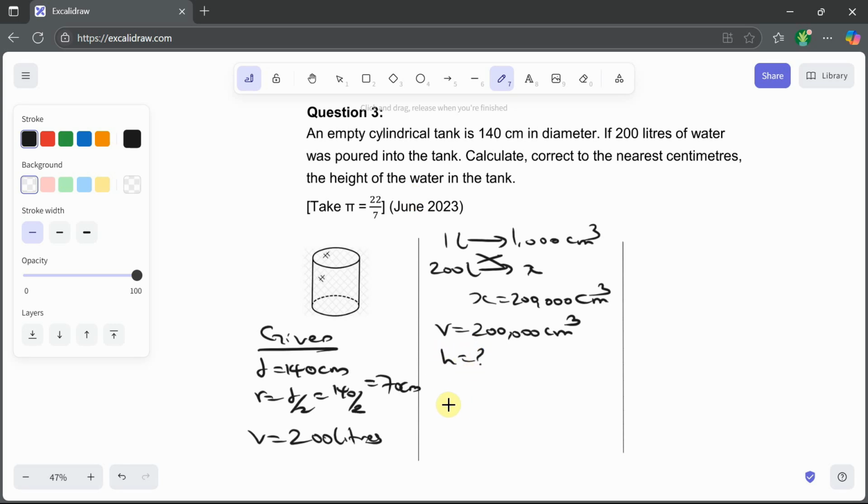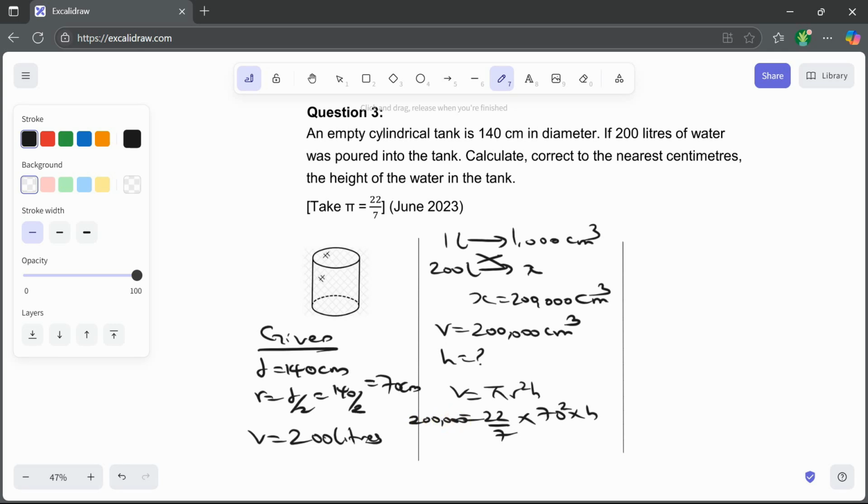So for a cylinder, we know that the volume is what? Great, pi r square h, right? So that is 22 over 7 times the r is 70, so that will be 70 all square times h, and this volume was given to be 200,000.